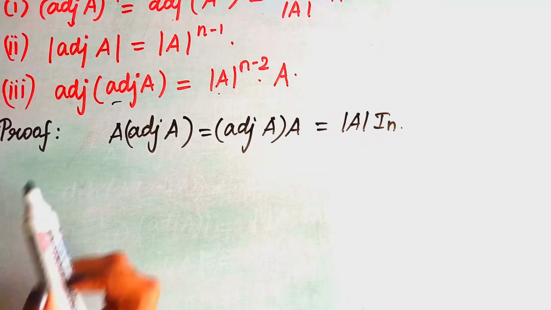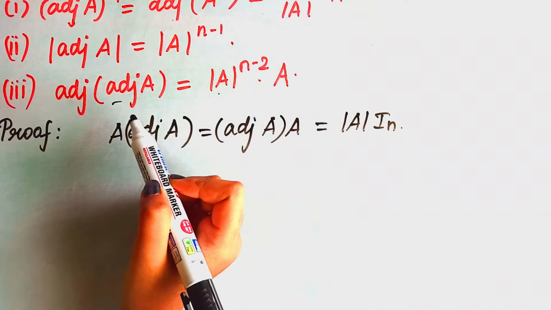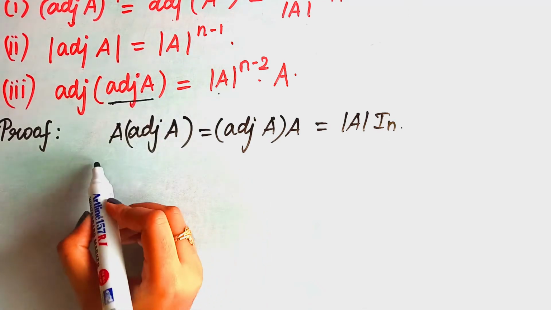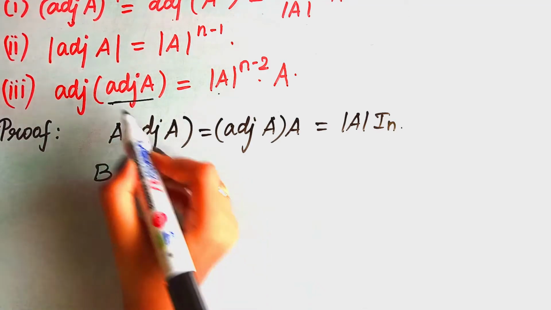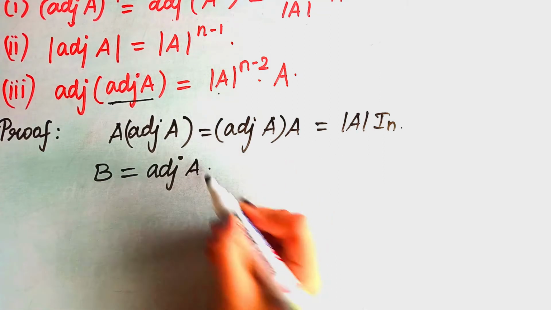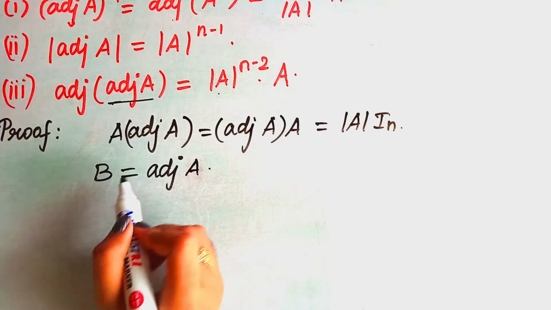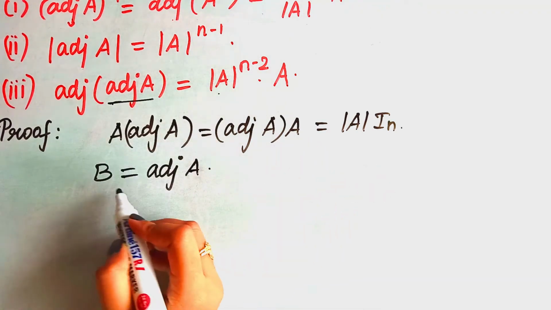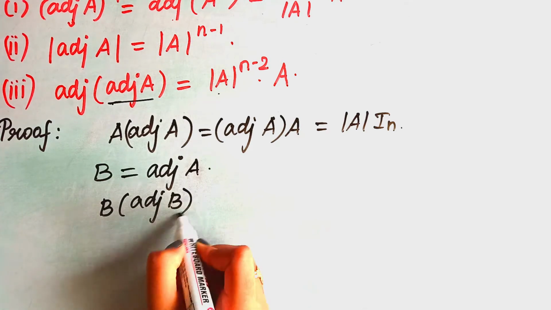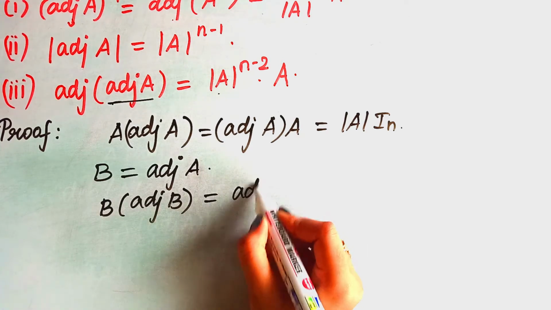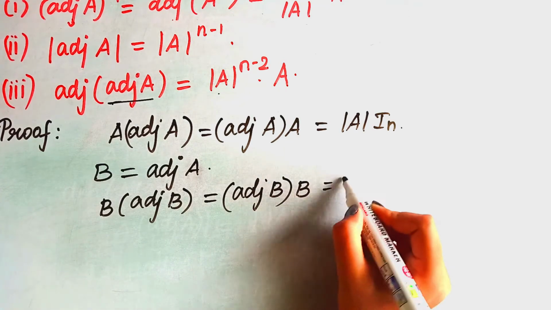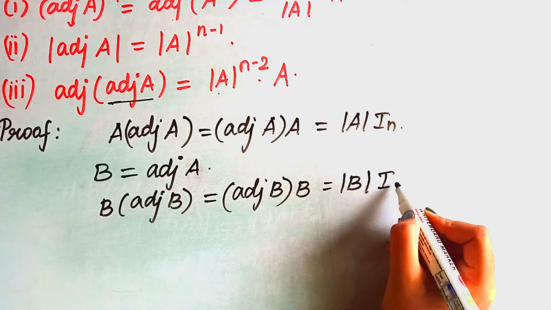In the question they have given adjoint of adjoint of A, so it's a bit complicated. So what we are going to do, we are going to take this as B. We are substituting that B is equal to adjoint A. Okay, so now we are going to write the formula based on this B, so that we will get B into adjoint B, which is equal to adjoint B into B is equal to determinant of B into In.